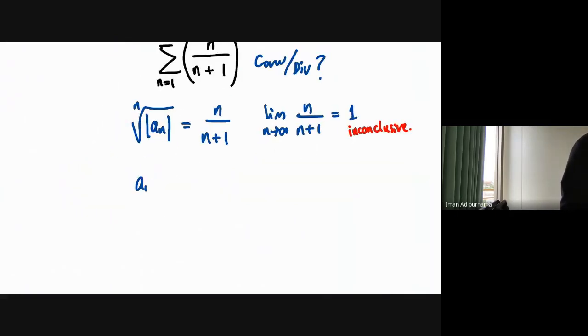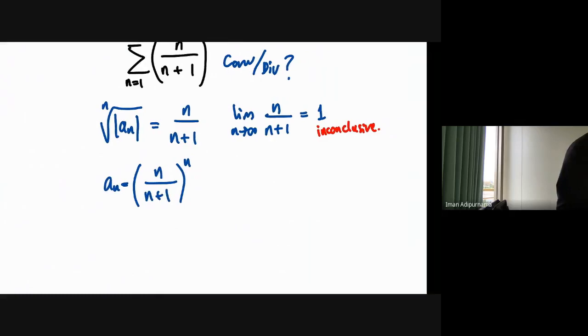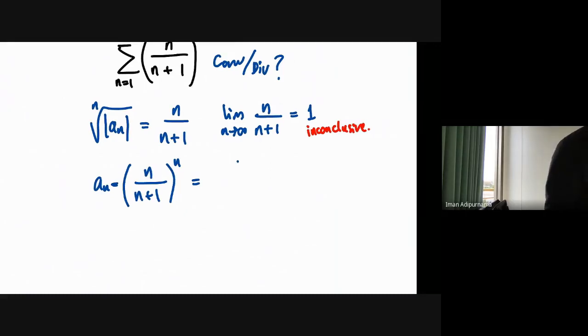Let me write the a_n, the sequence, first. If you can, rearrange the formula in any way you want, as long as it is consistent and correct and logically it could be done. For example, you can write this like that.